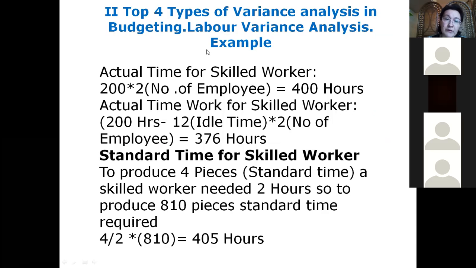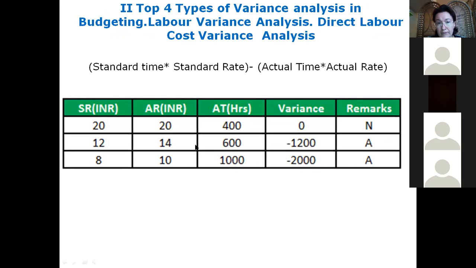So we can calculate the actual time for skilled worker and the standard time for skilled worker, using our figures. And using the following logic, we can find the direct labor cost variance. In order to calculate the direct labor cost variance, we should calculate the difference between the expressions standard time multiplied by standard rate and actual time multiplied by actual rate.